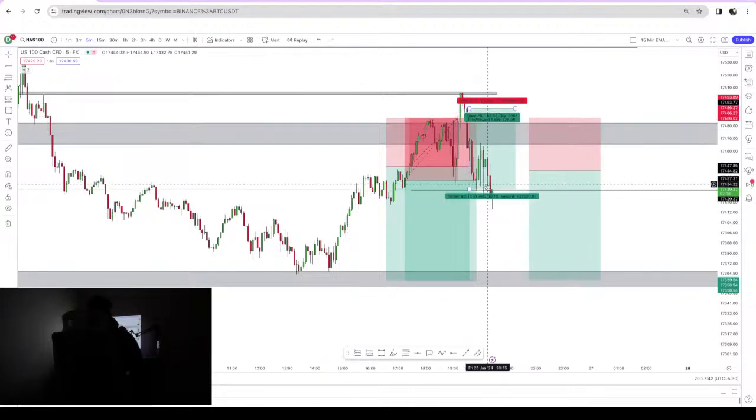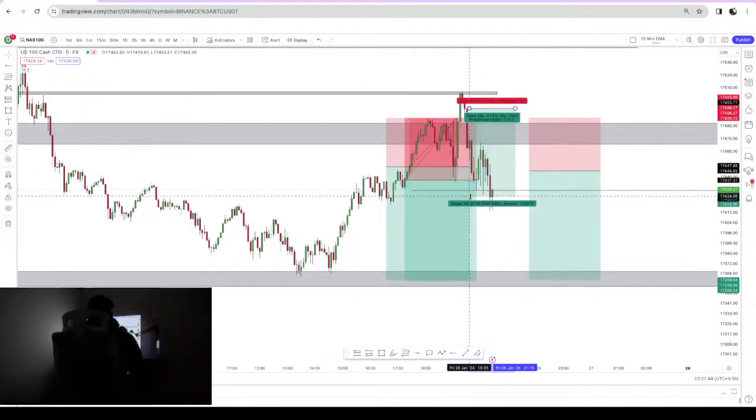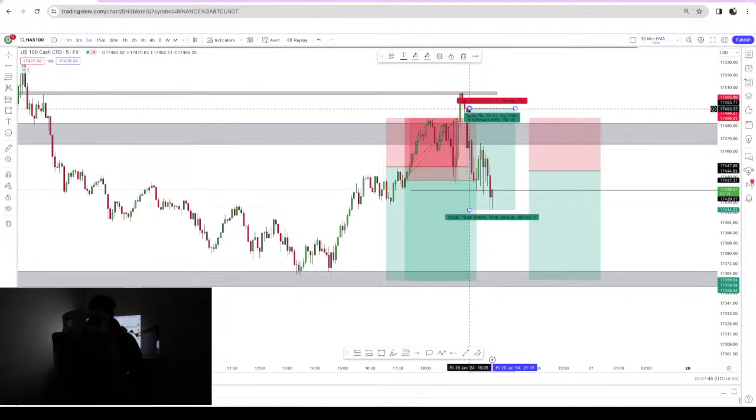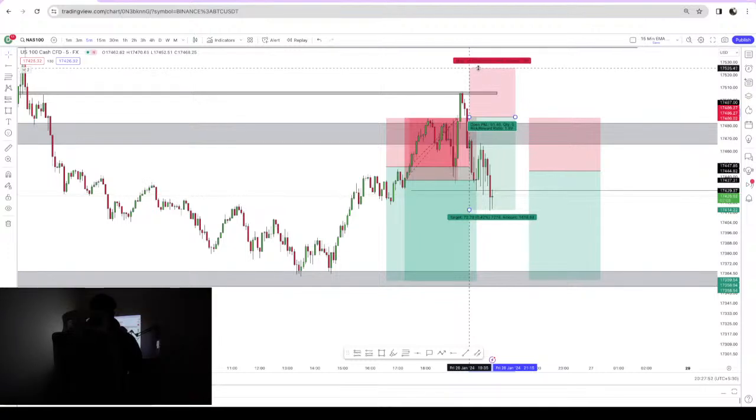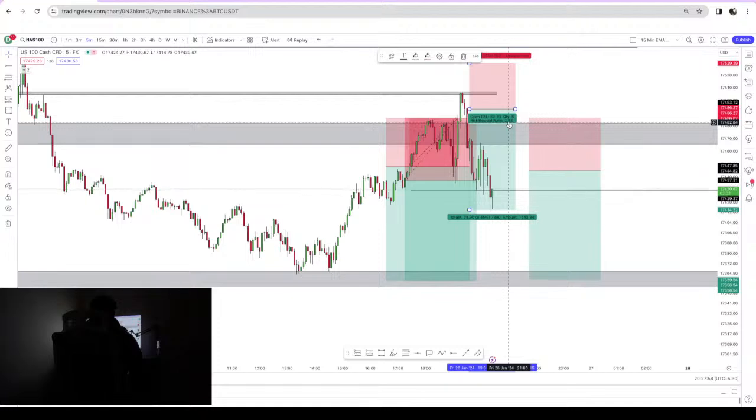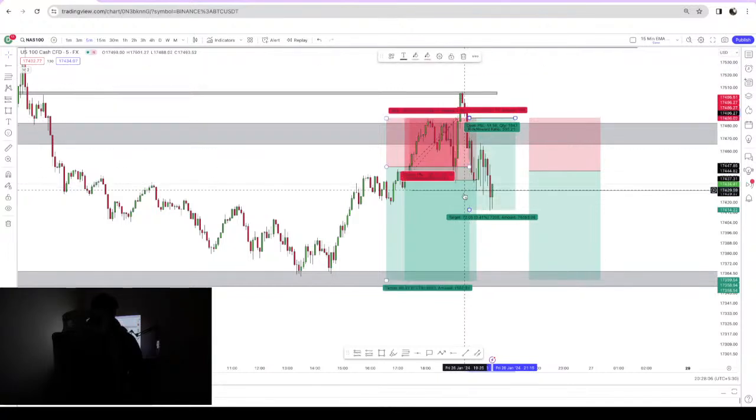If you see it from our first trade, I think we have booked 1 is to 2. This was the stop loss initially and this was the entry. Yeah, 1 is to 2.18 from our first position we have booked. But now I have placed all the stop losses at this point.